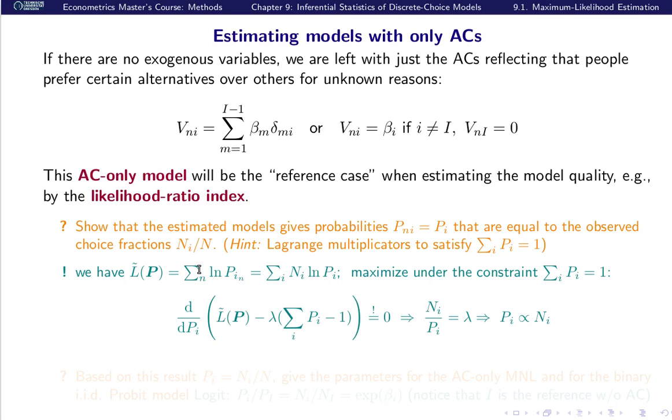In this, the first is the sum over all decisions of the logarithm of the probability of the taken alternative in the data. Because the probabilities do not depend on n, but only on i, we can reformulate the sum not as a sum over n, but as a sum over alternatives, with uppercase N_i persons actually choosing each alternative, and then just the logarithm of the probability. And that's the thing which is to be maximized under this constraint.